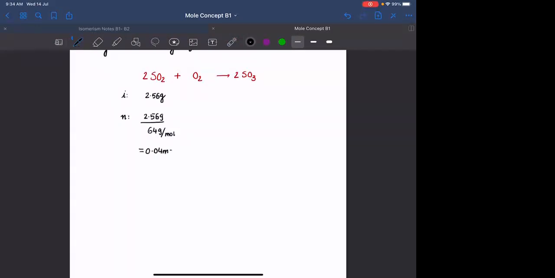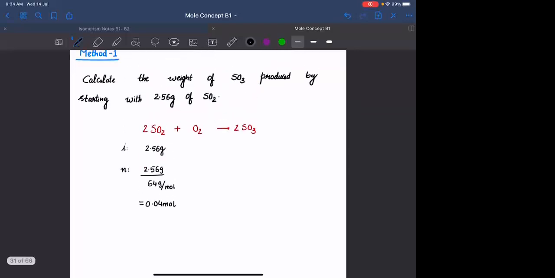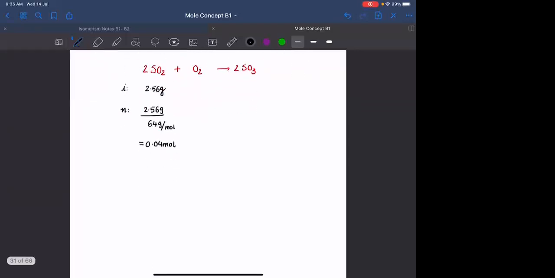0.04 mole. Okay. Now from the stoichiometry, what can you comment?